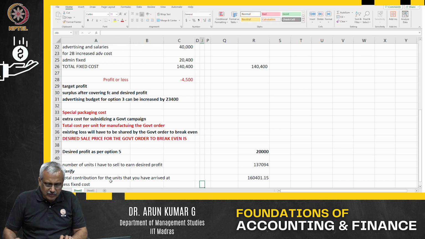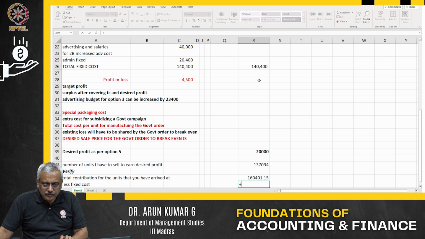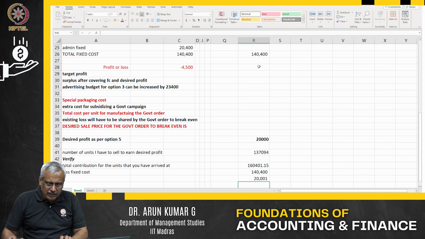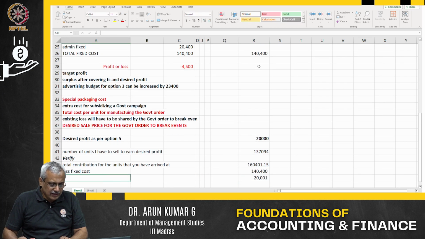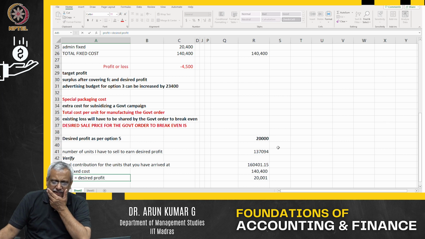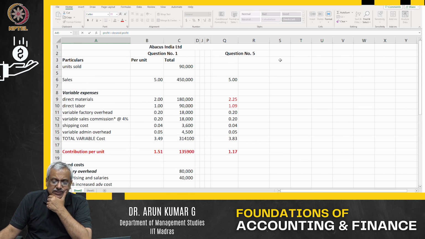What is your fixed cost? Fixed cost here is 1,40,400. So what is the net gain? It's basically the profit, which is equal to the desired profit. It is not exact because of the decimal. If you used 137,094 with the decimals, you would have got the exact amount. So that is question 5.